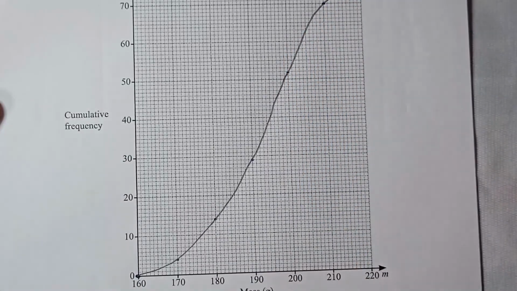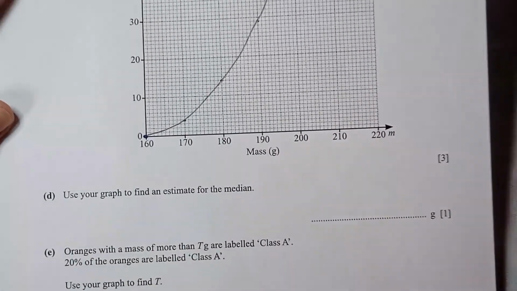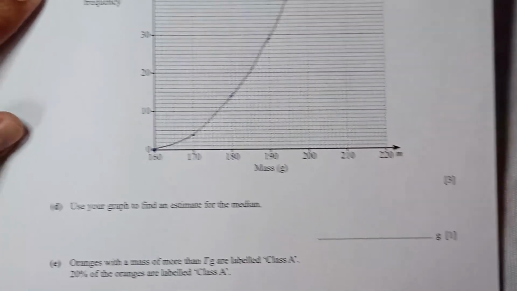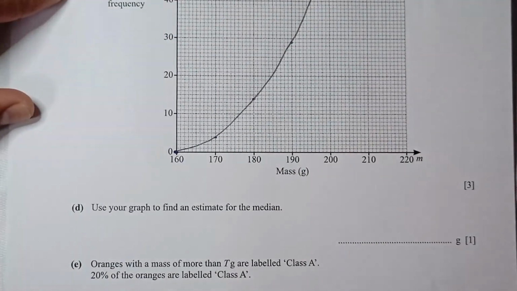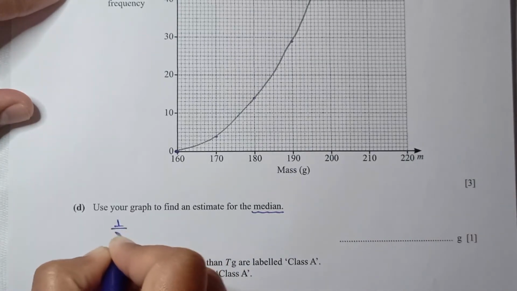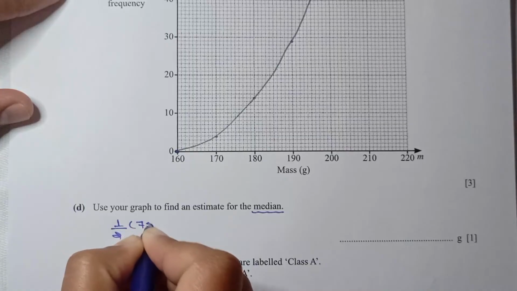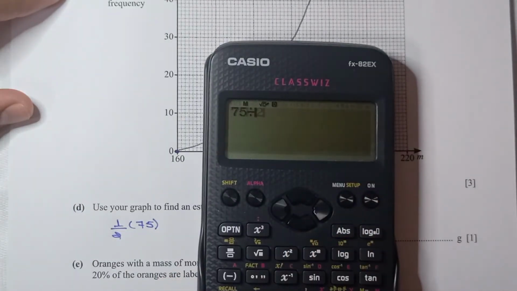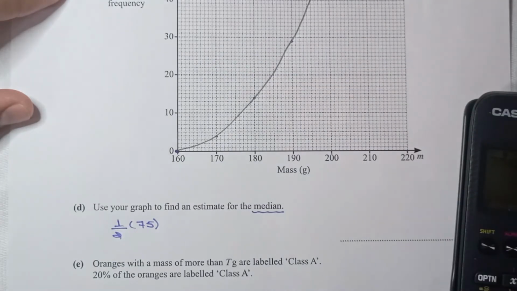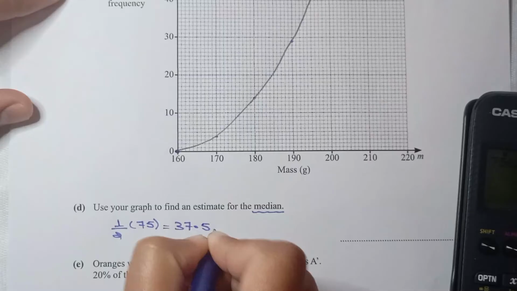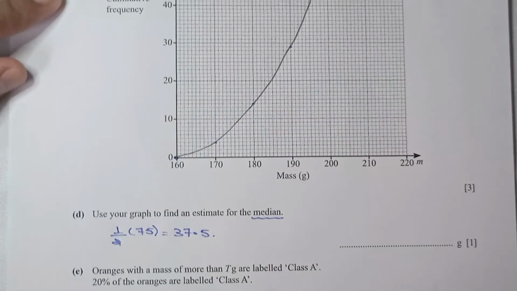Right. Now for the D part, use your graph to find an estimate of the median. Okay, so for the median we know it is half of the value, so we need to find half of 75. So what is half of 75? The total oranges are 75. 75 divided by 2 would be 37.5. So we need to find 37.5 on the cumulative frequency curve.